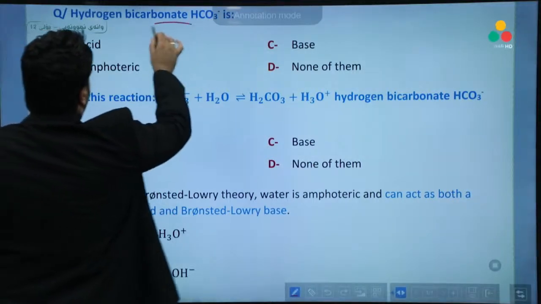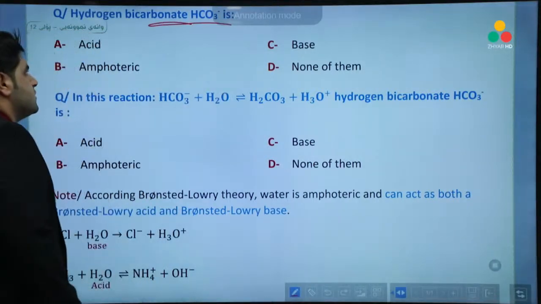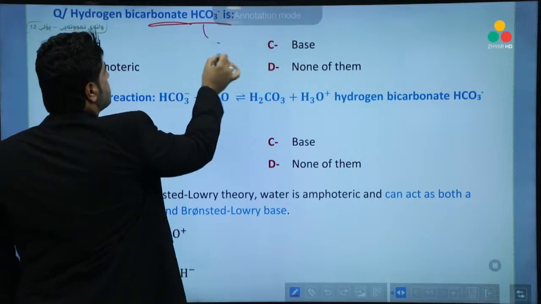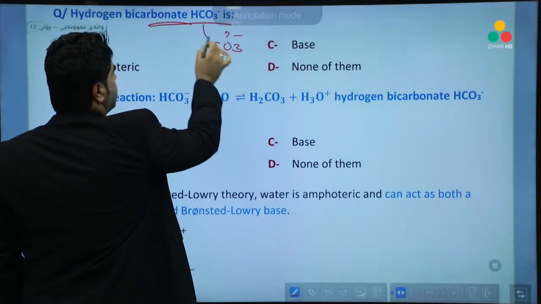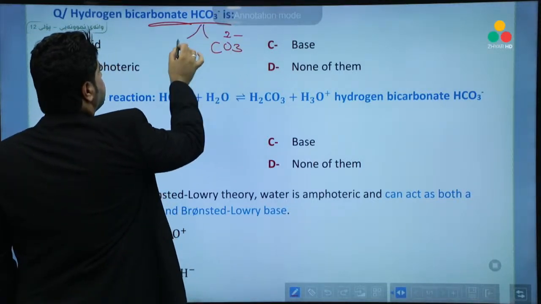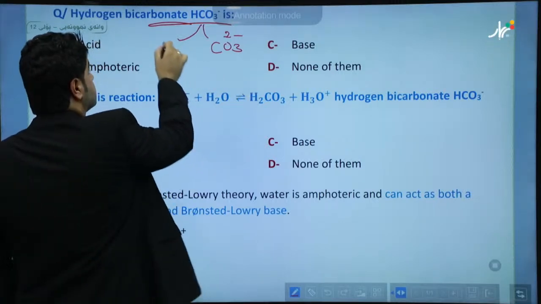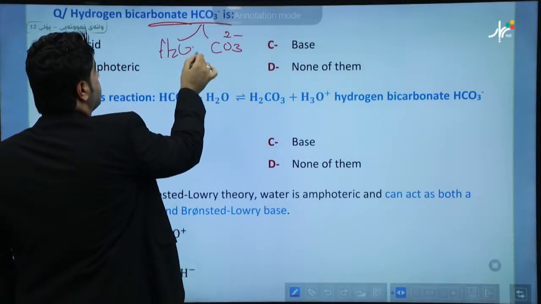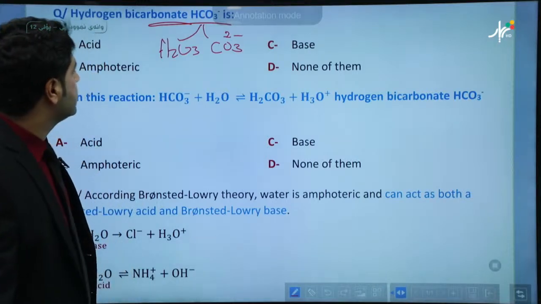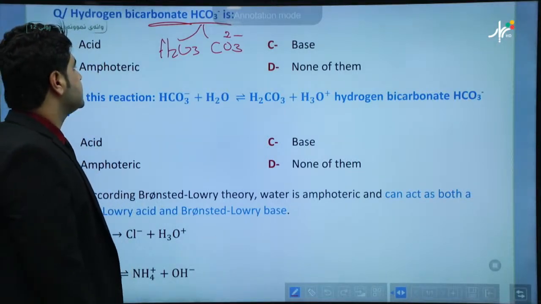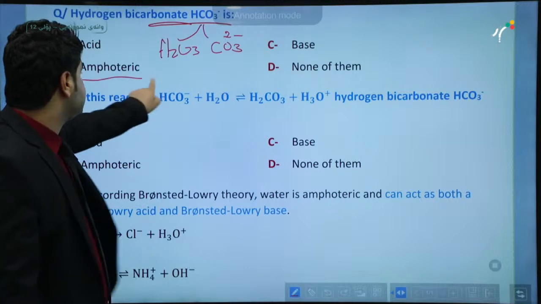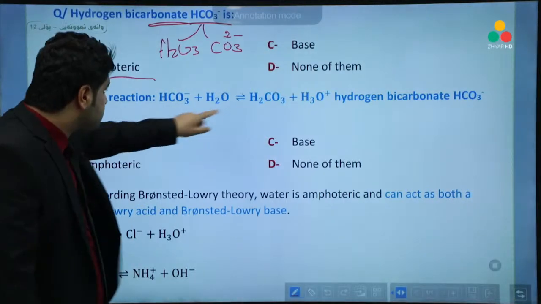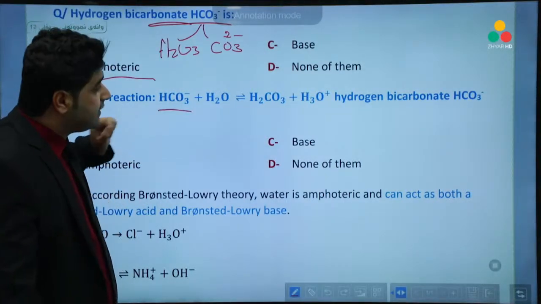Hydrogen carbonate, HCO3. HCO3 can be CO3 by releasing its second proton, or by gaining its previous proton to be H2CO3. Okay, teacher, it can gain or lose its proton, so it's amphoteric. Yeah, it's amphoteric. But in this reaction, HCO3 is what?